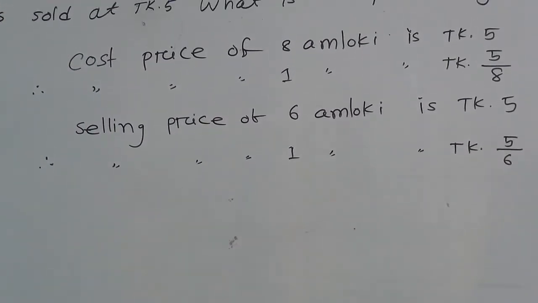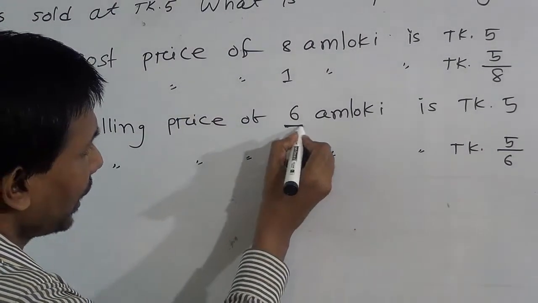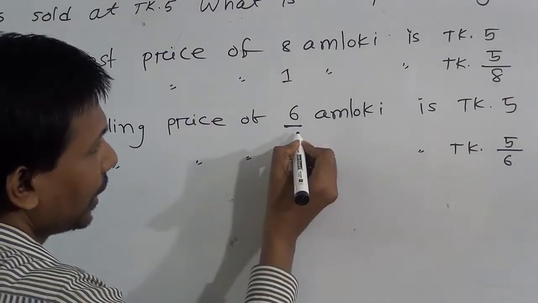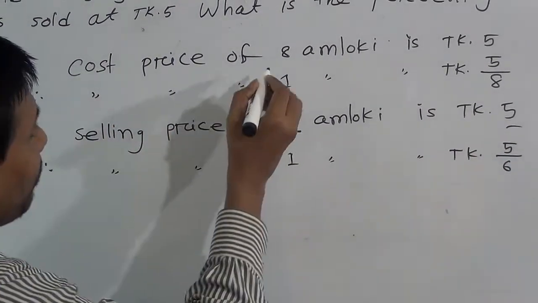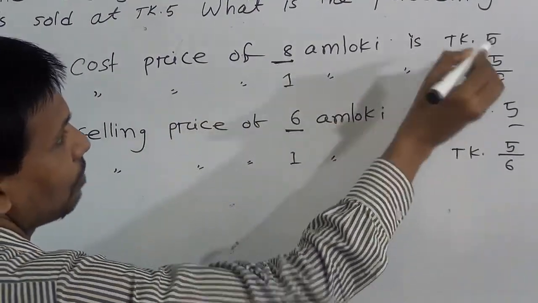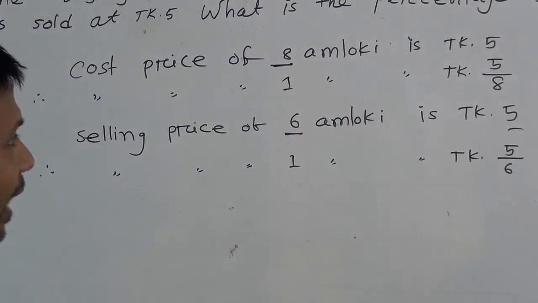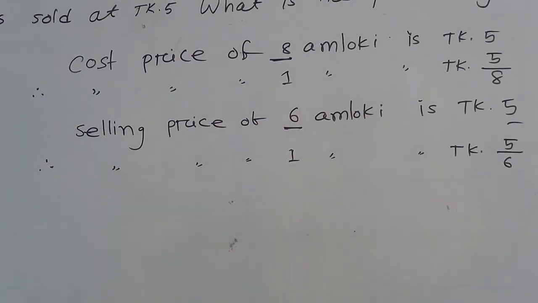Dear student, look carefully. Selling price of 6 amloki is 5 taka, but cost price of 8 amloki is 5 taka. So you can easily understand that there will be profit.